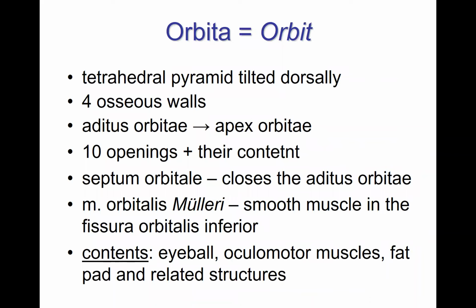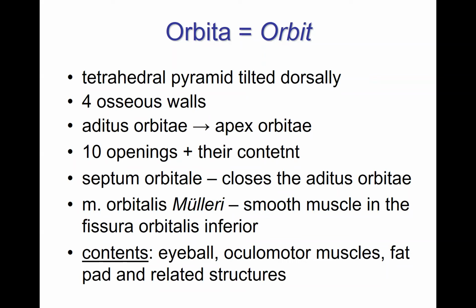The eye is composed of the orbit, and the orbit contains the eyeball and accessory structures of the eyeball. I think there is nothing new about the orbit, but we should repeat a bit that it's a fossa of the skull, which has the shape of a tetrahedral pyramid, tilted dorsally.